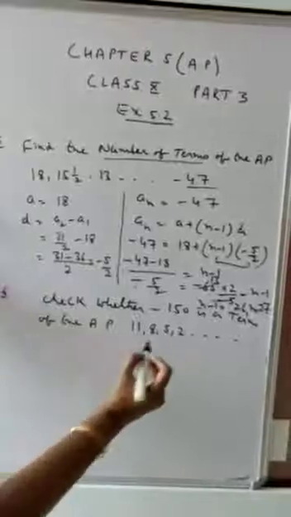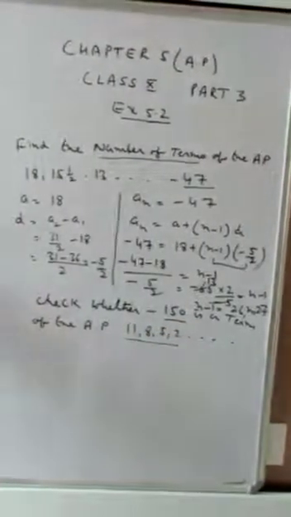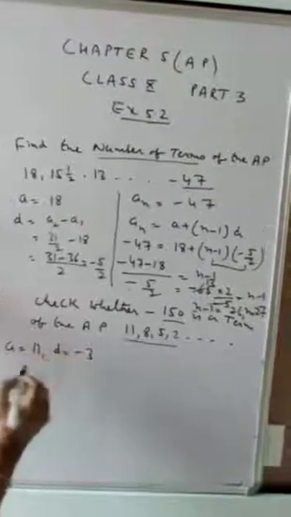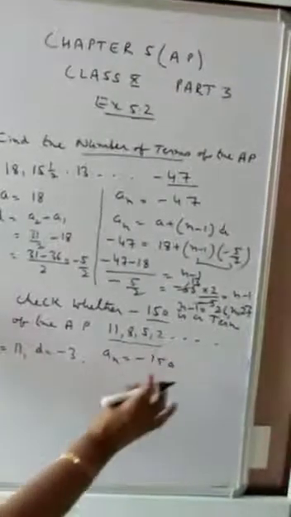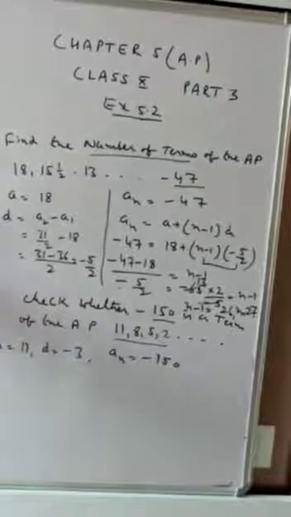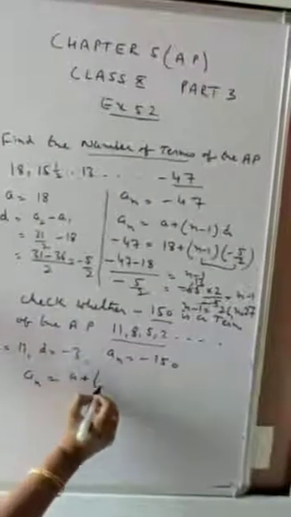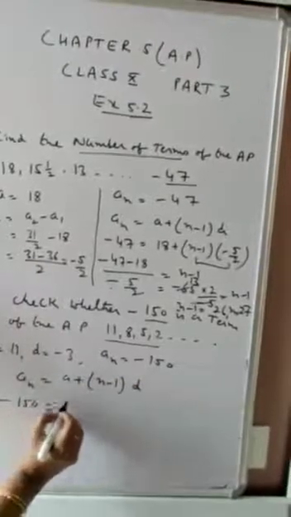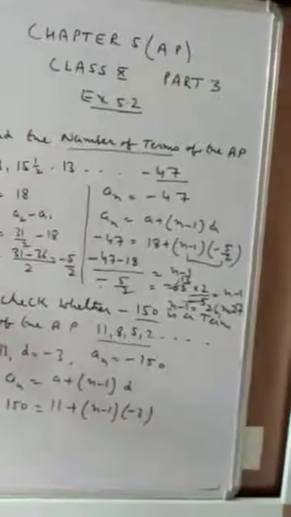Check whether minus 150 is a term of the AP. Question number 6: a is 11, d is minus 3, an is minus 150. I have to check whether minus 150 is a term of the AP or not. an is minus 150, a is 11, and d is minus 3.